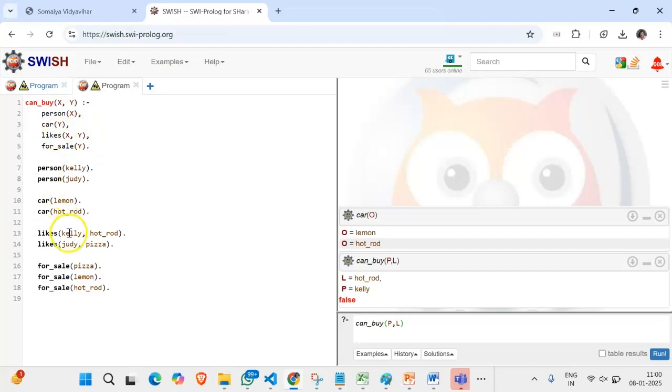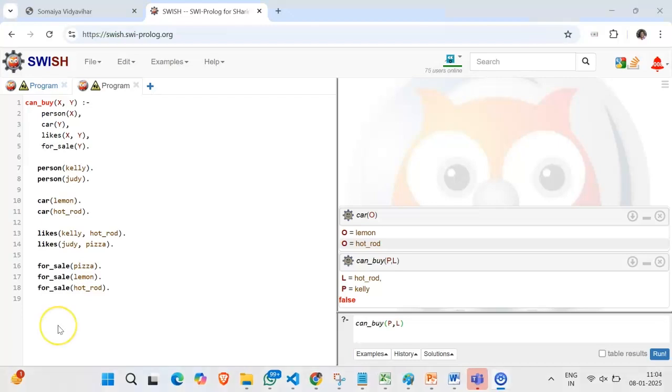When we go to the likes predicate group section, we do not find Kelly likes lemon is true. So it backtracks to the earlier step and finds another value for Y, which is hot rod. Then it goes further and tries to find out if Kelly likes hot rod is true in any section. This way, Prolog uses backtracking for execution of the programs.